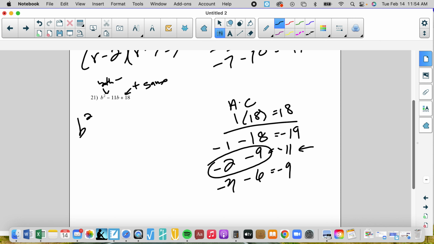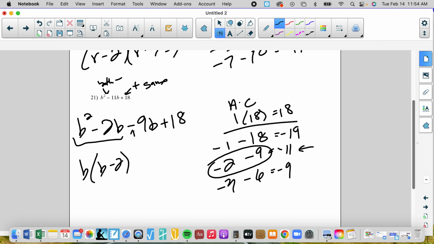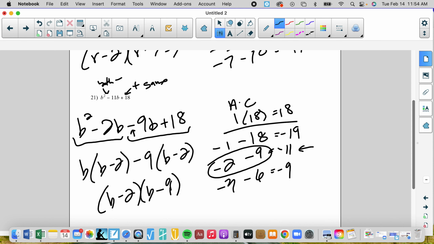So b squared minus 2b minus 9b plus 18. Factor a b out, I get b minus 2. First term is negative, so I have to factor out a negative 9, and I get b minus 2, b minus 9.